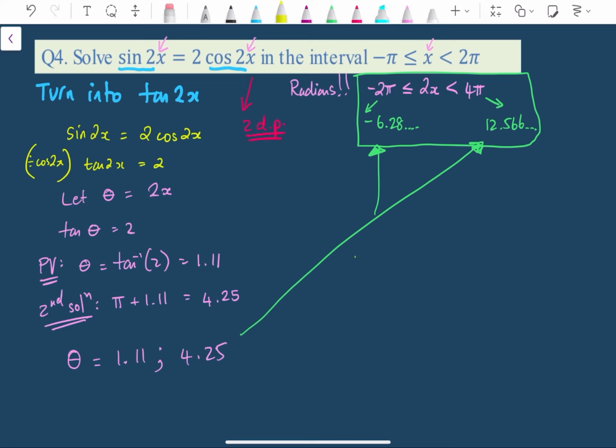Now recall that tan repeats itself every 180 degrees or pi radians, which means we're not adding or taking away 360, we're adding and subtracting 180, and because we're working in radians, we're adding and subtracting pi. So I'm going to add pi there, and I'll first find all my answers up to 12.566, and then I'll work backwards and subtract.